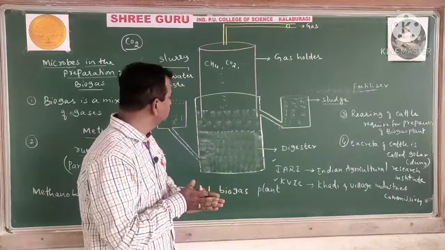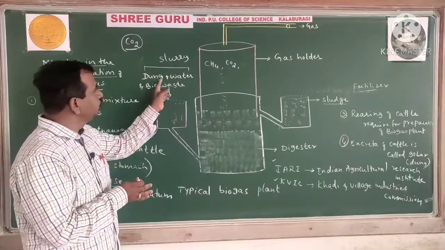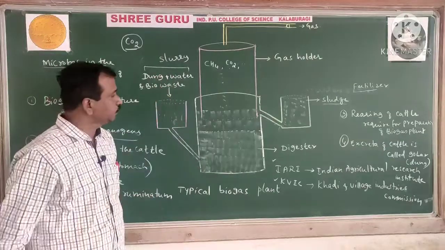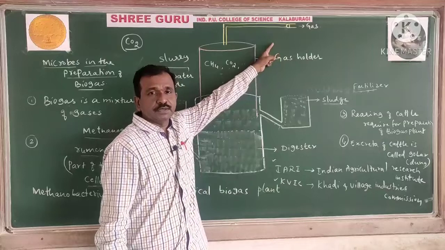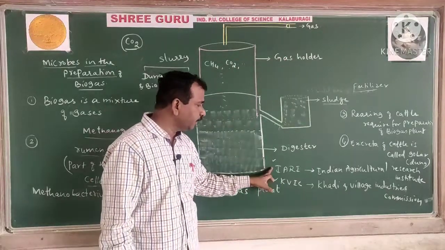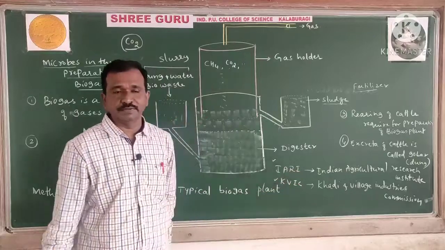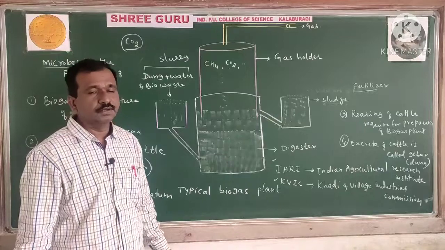Then we have to put the slurry, that is, a mixture of water and dung. Collection happens. So normally it has to be connected to 3 to 4 houses. First time it was implemented by IARI and KVIC. This one you have to remember. This is very important. Okay.